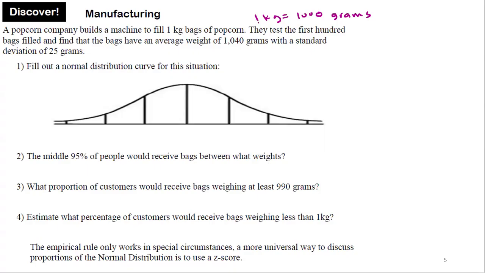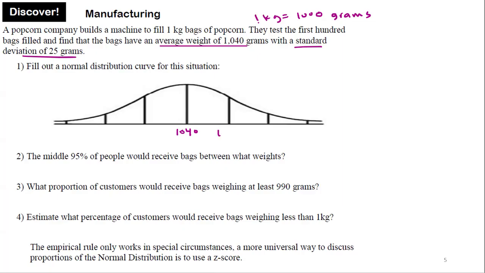The first thing you want to do when you fill out this distribution curve is start in the middle, and that's going to be the average. The average is 1,040 grams, so we'll have 1,040 grams here. Then the standard deviation is 25 grams, so we add 25 grams every time to the right.